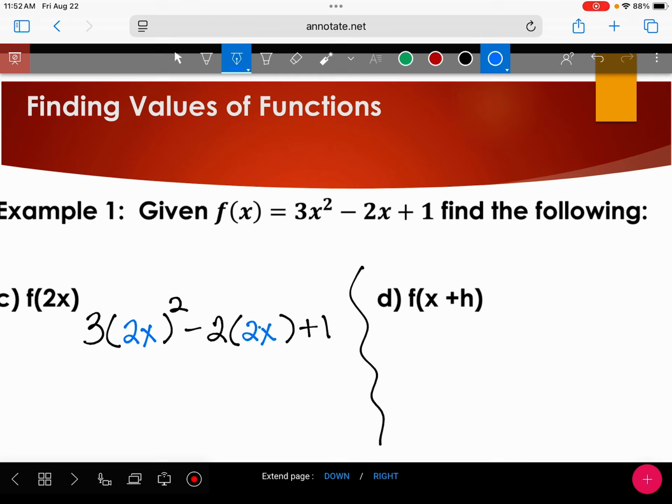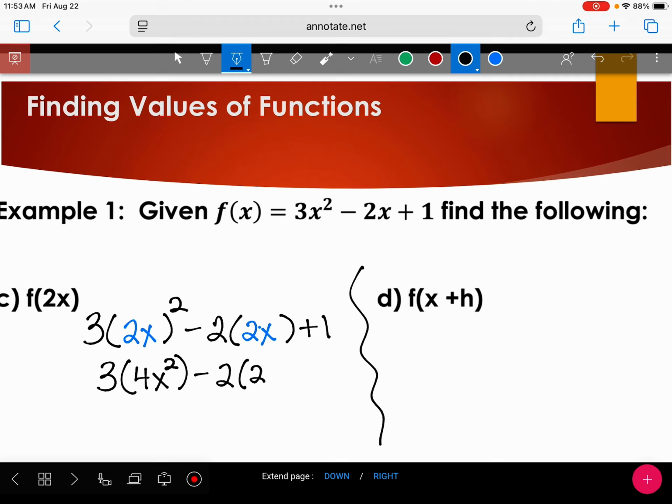Order of operations never goes away. You will always do an exponent before you multiply. So if you tried to do 3 times 2 first and then square 6x, that is not right. We always follow order of operations. So we're going to start with 2x times 2x, which would be 4x squared.